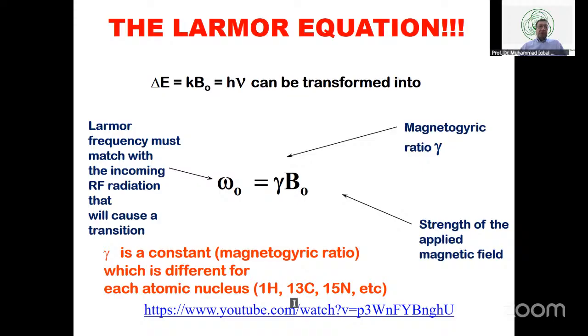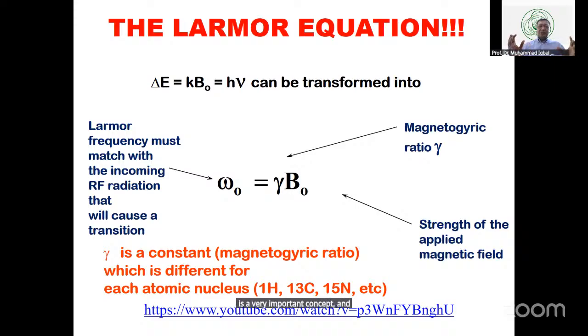I told you that the magnetic gyric ratio, or gyromagnetic ratio, which is shown here, gamma, is specific for every element. It's experimentally measured, but you can calculate that also. It is a very important concept.